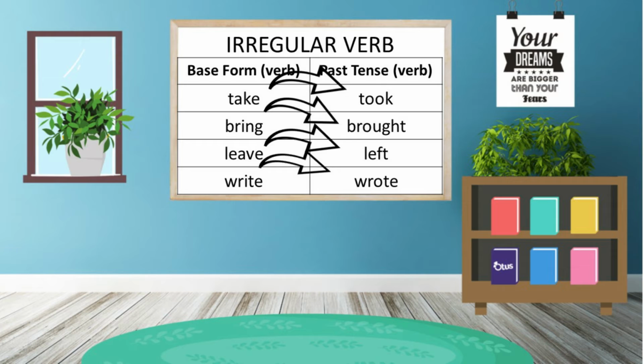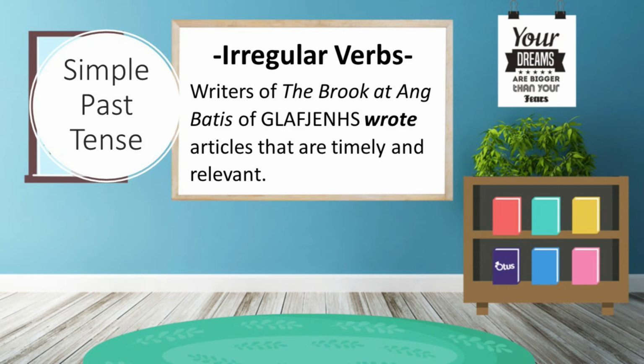Observe that in order to transpose these verbs under base form, we should either change or retain the spelling. Example, the word take, we change its spelling into took, and then the word bring became brought, leave became left, and write became wrote.